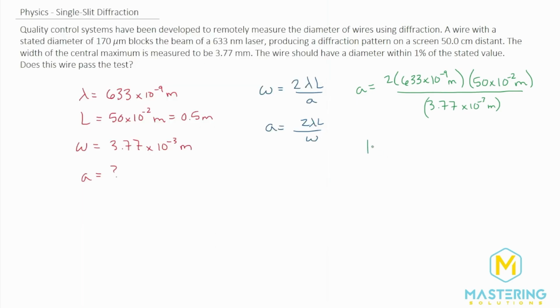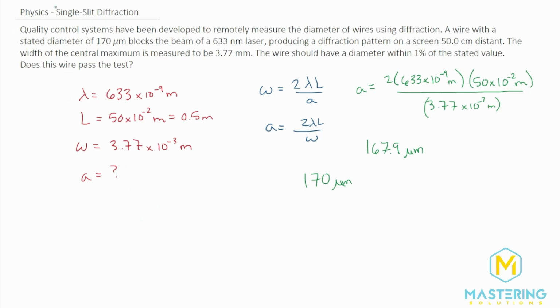So the width is 167.9 microns. And then they tell us that the actual width is 170 microns. And we need to figure out: did it fall within this tolerance of 1%?